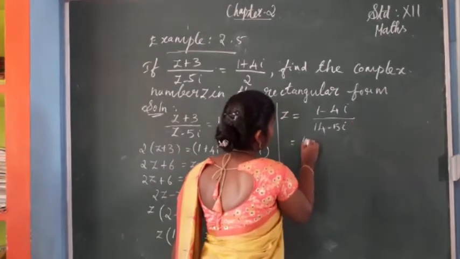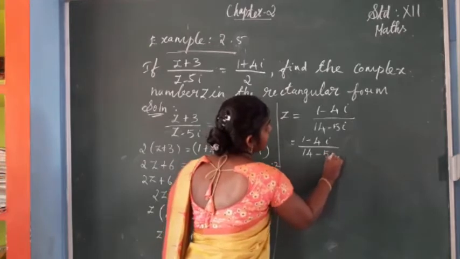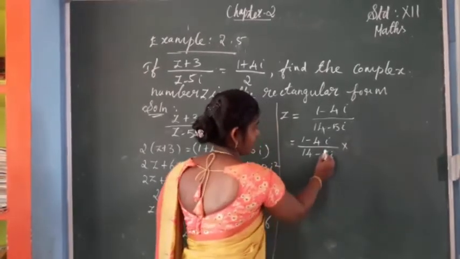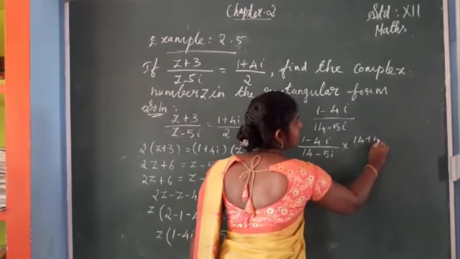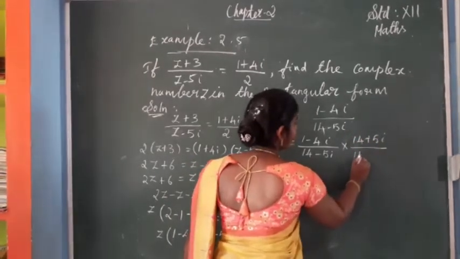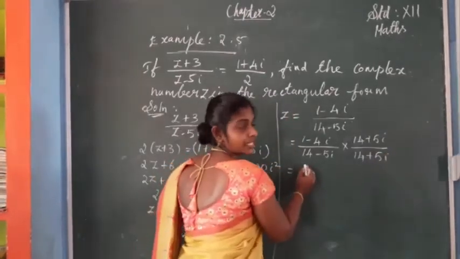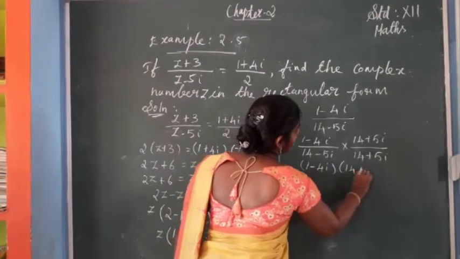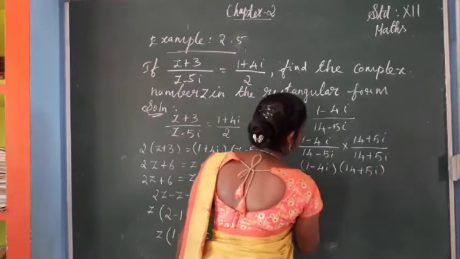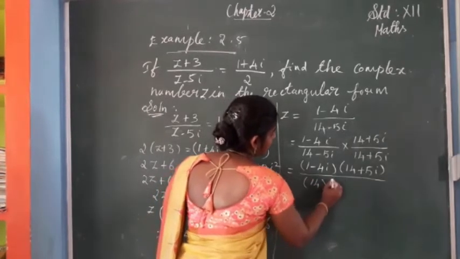That's equal to 1 minus 4i divided by 14 minus 5i, into, so what is the conjugate? 14 plus 5i divided by 14 plus 5i. That's equal to, multiply 1 minus 4i into 14 plus 5i divided by, use the formula, so 14 square.